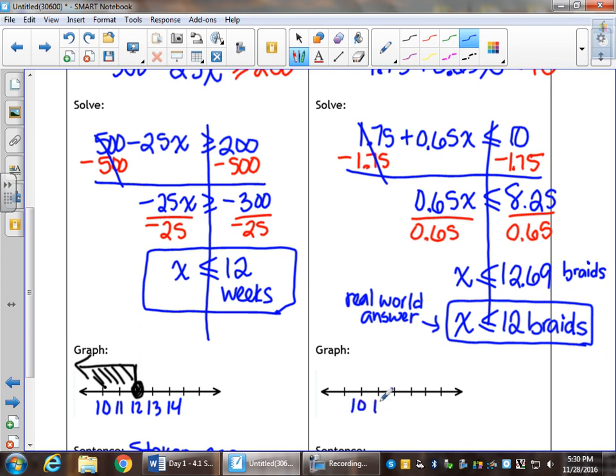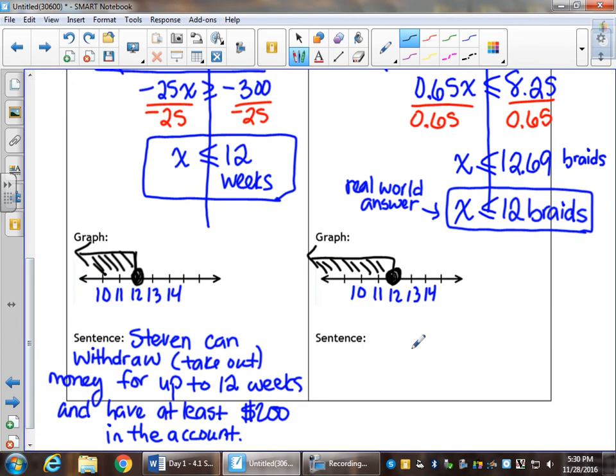Let's get some numbers. 10, 11, 12, 13, 14. Open or closed on 12? It will be closed because it's or equal to and less than. Hey, kind of cool. Both these answers came out to be 12. Total coincidence. Getting a sentence.